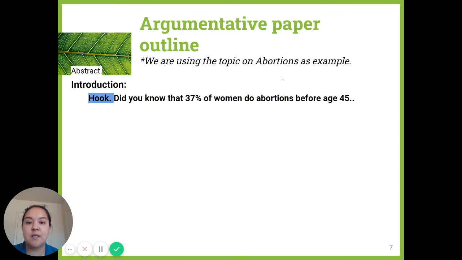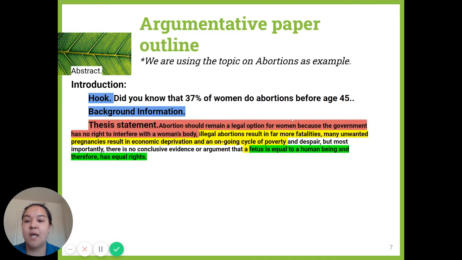Did you know that 37% of women have abortions before age 45? So that's just an example. We give some more background, maybe historical information about abortions, in 1 or 2 sentences. And then we conclude our introduction paragraph with this long thesis statement.